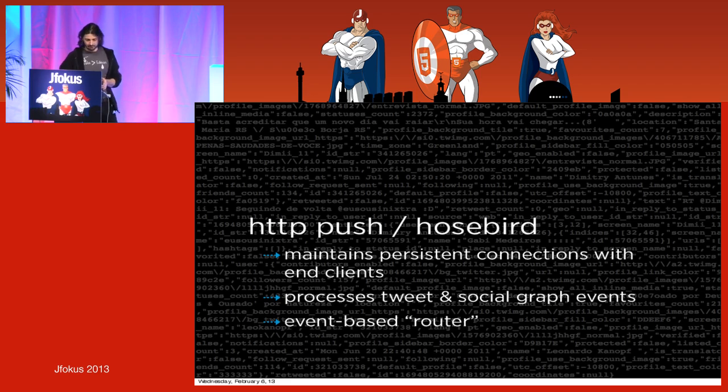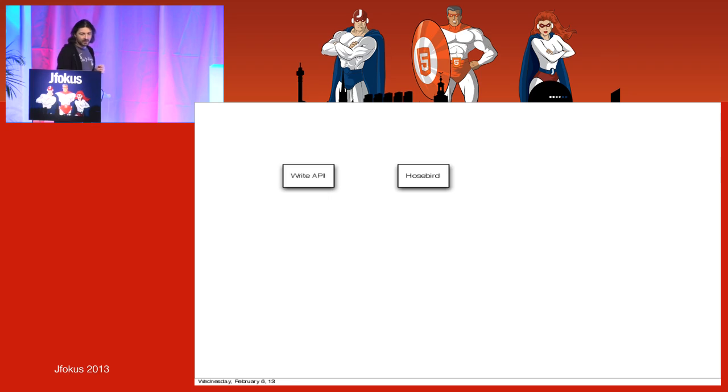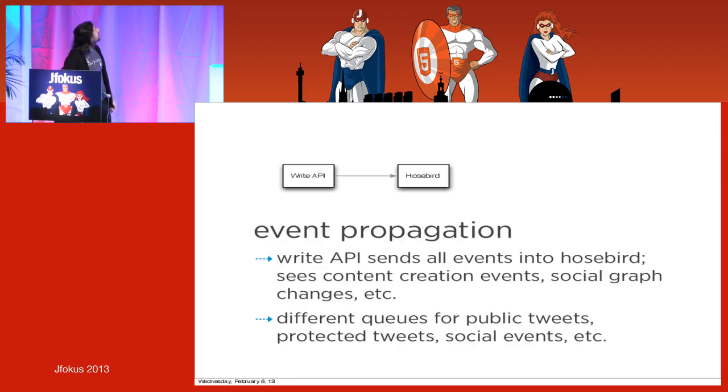And not just tweets, but also the events. I have to emphasize the events because you'll see why they're important. So the write API can also hit the Hostbird. Now, Hostbird just gets all the tweets and then it routes them into different queues for public tweets, for social events like people follow, unfollow, delete tweets.